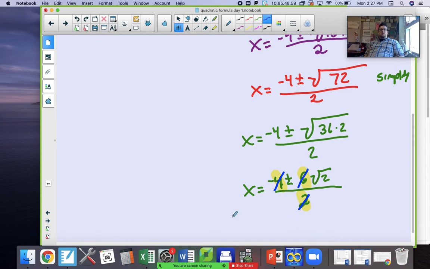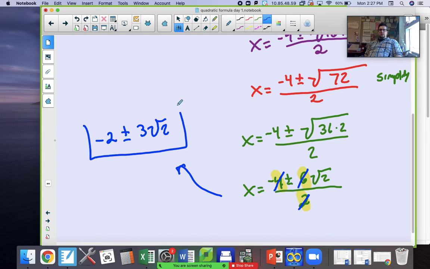They all share a 2 in common. So we get negative 2 plus or minus 3 root 2 for our answers. Both the plus and the minus versions are listed here. You are welcome to write it separately if you want, but you do not have to.